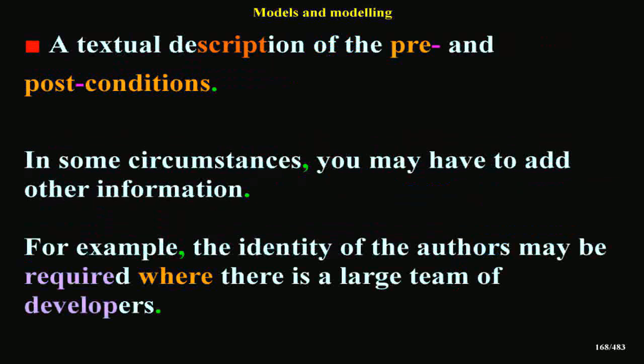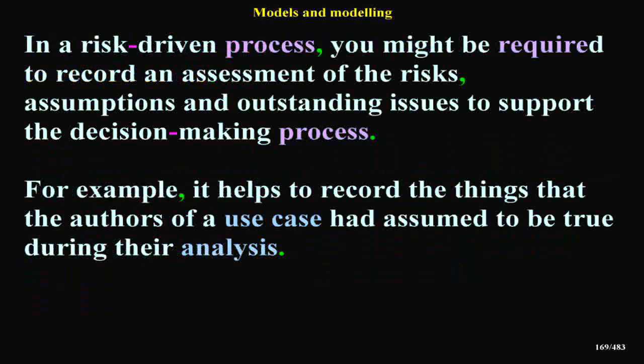For example, the identity of the authors may be required where there is a large team of developers. In a risk-driven process, you might be required to record an assessment of the risks, assumptions and outstanding issues to support the decision-making process. For example, it helps to record the things that the authors of a use case had assumed to be true during their analysis.